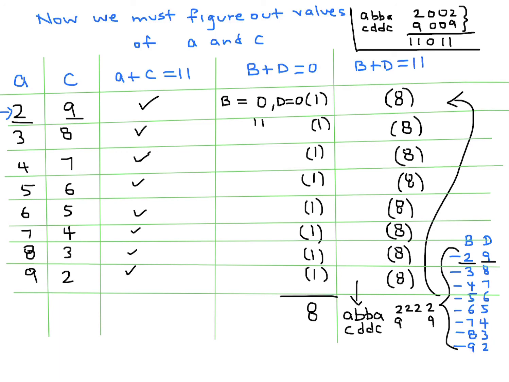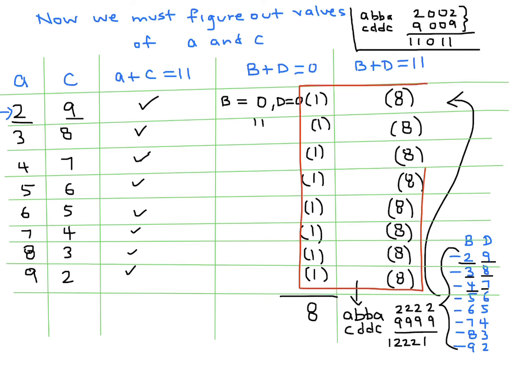So 9, 9, and then what is D? 9. So this is our pair. Two 4-digit palindromes that have a sum which is a 5-digit palindrome. And similarly, you can do the same for B is 3, D is 8, B is 4, D is 7, like that. All right. So now, finally, let's total it all up.